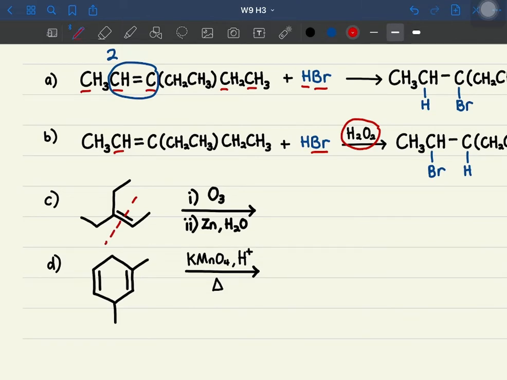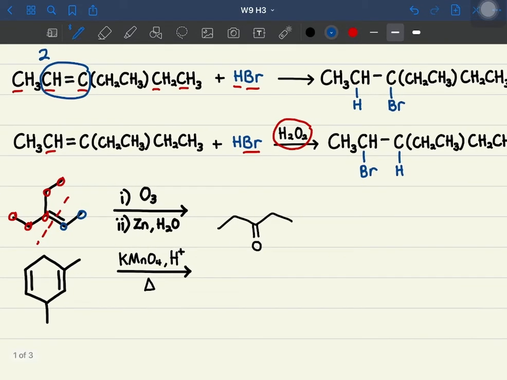So now we are going to cleave this bond and we are left with 1, 2, 3, 4, and 5 carbons. So we are going to write the 5 carbons: 1, 2, 3, 4, and 5. At carbon number 3, we're going to have the double bond, so at this double bond, we're going to simply insert the O. While for the other carbons on the right hand side, we have 1 and 2.